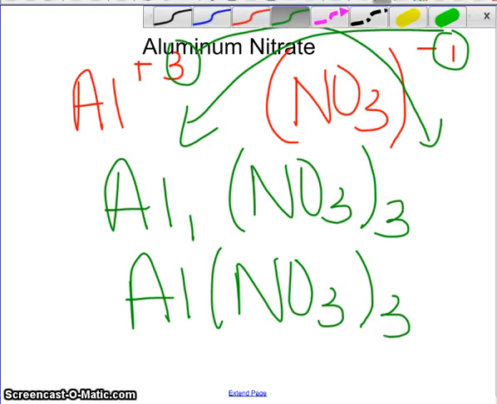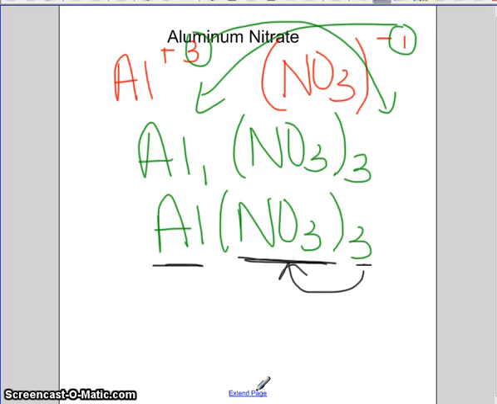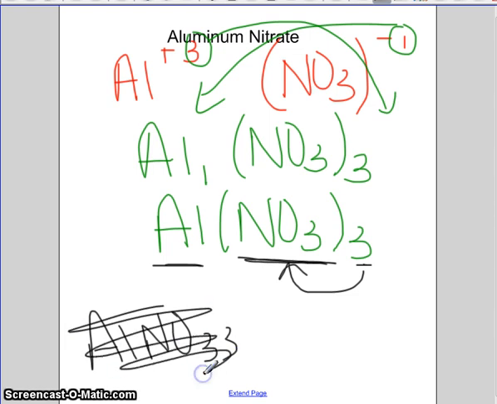This means that for every 1 aluminum, I need to have 3 nitrates. This 3 lets me know there's 3 of whatever is in parentheses. I have to keep the parentheses there, otherwise it'll look like there are 33 oxygens. And that is way too many. So I keep the parentheses there.